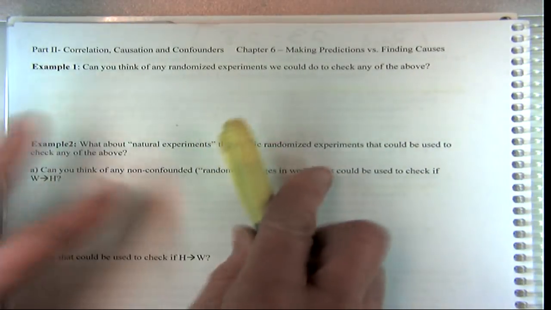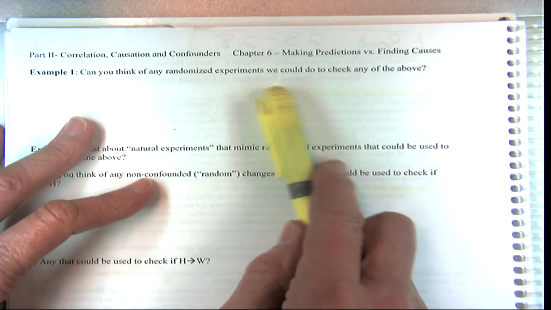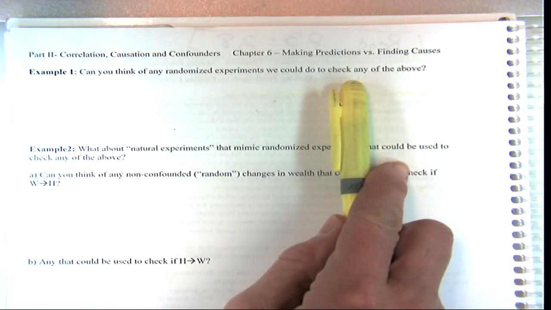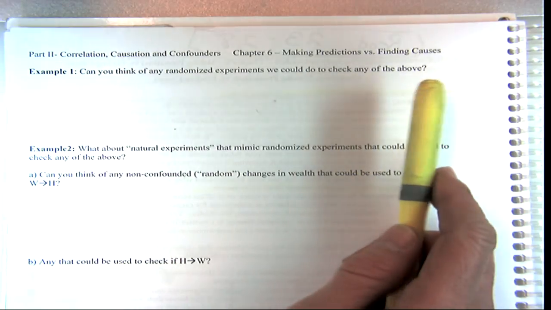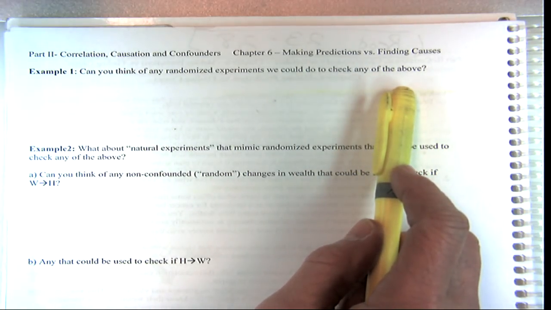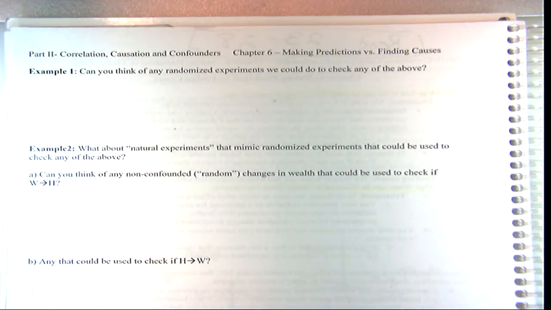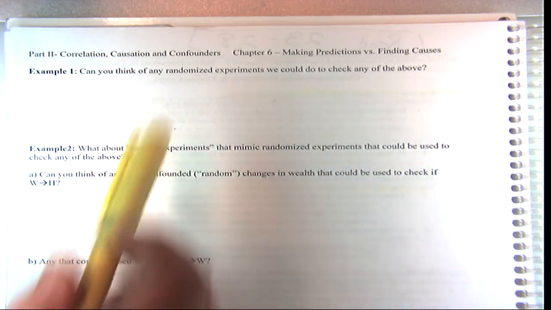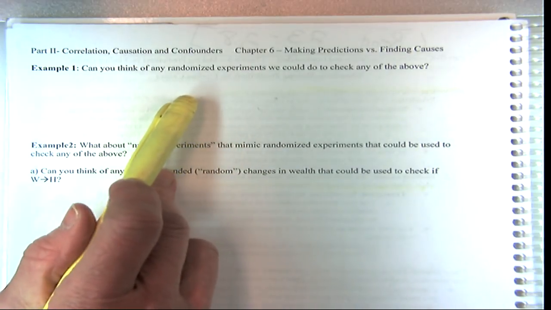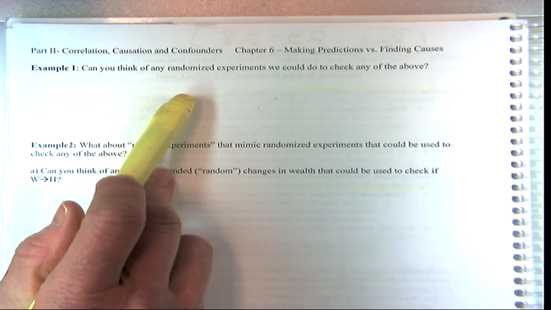Can you think of any randomized experiments we could do to look at any of these? Can you randomly assign people to be rich or not rich? No, I mean, it's very hard to think of a randomized experiment to get at the relationship between health and wealth, right?